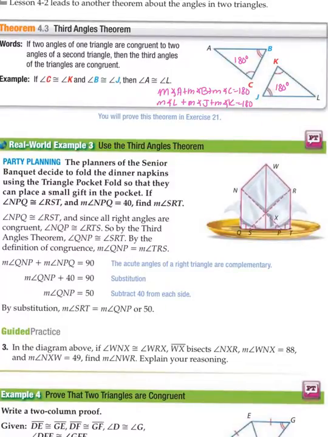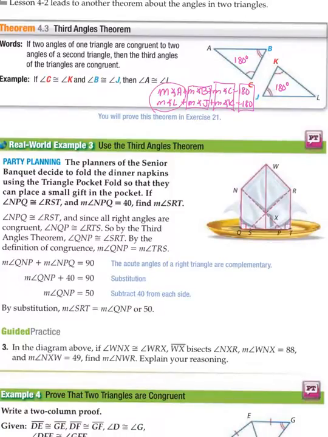If these two are equal, and these two are equal, and my sums are equal, doesn't it stand to reason that the third angles have to be equal, which is what they've named this particular theorem, the Third Angles Theorem.